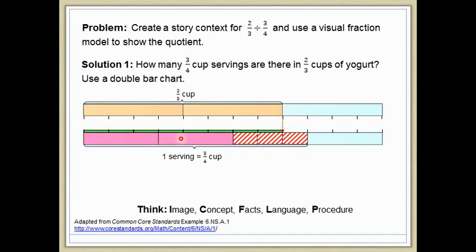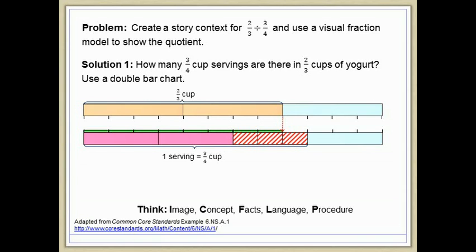Again, the 3/4 cup is represented by 9 of these units, and the 2/3 is 8 of these units, and the units are equal. So we have 8/9 of a serving in 2/3 of a cup. You notice that the actual number 12, as 12ths, doesn't really come up. It disappears once you start looking at the fraction that's involved in the answer, but it's an important part underlying the meaning of this.